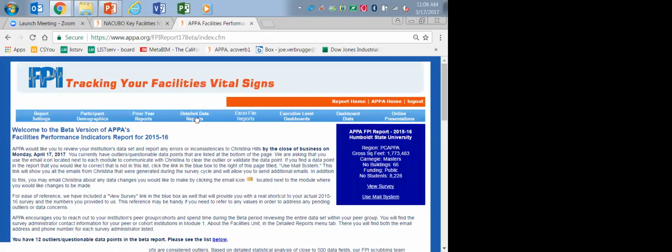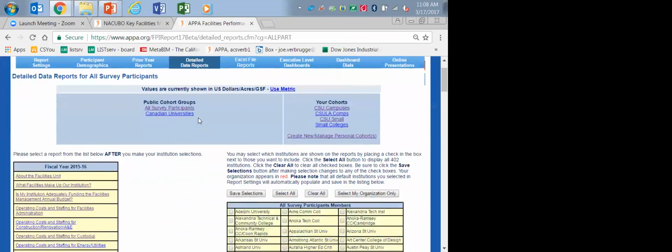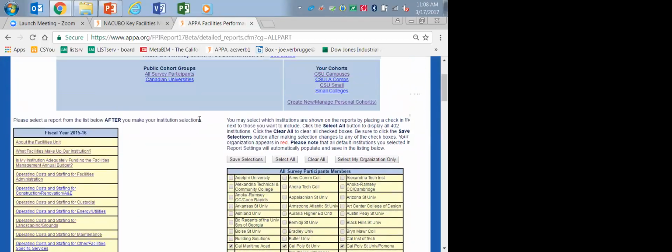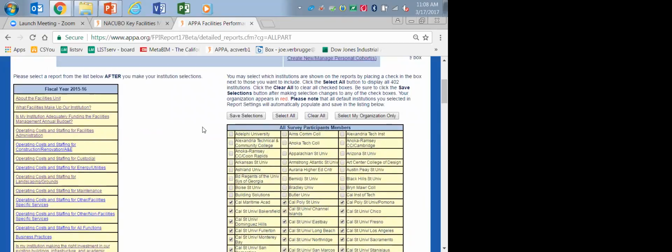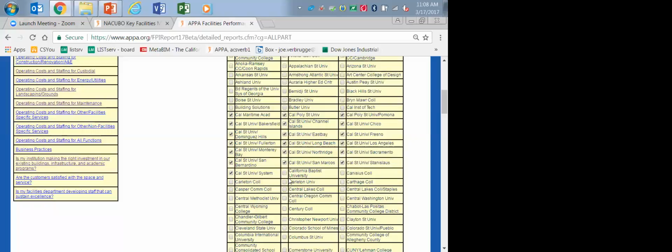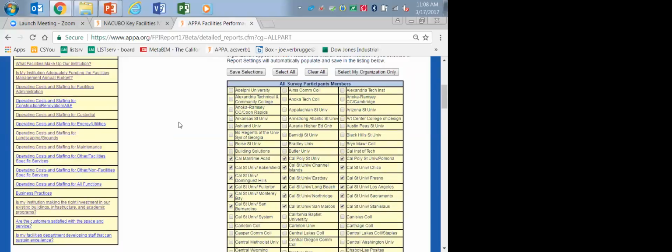Right. Where do you want to go, Rob? Yep, the FPI beta. Okay. We have the CSU still picked. Okay. Yep. Take off CSU system. Okay. There. Bottom one on the left. There you go. Save it.